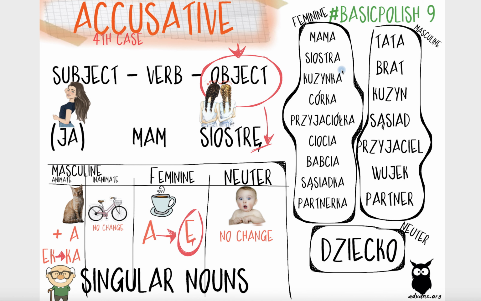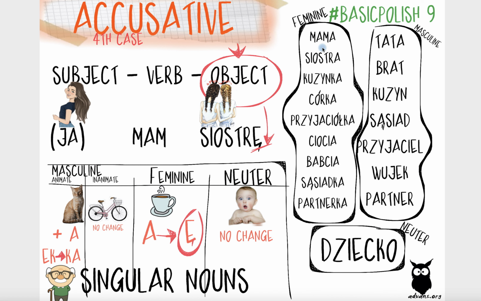So let's first go through all those words that we have here. Then I'm going to go through masculine nouns, and we finish with neuter. Okay? So mama, lots of new words for you. Mama in Polish is mum.